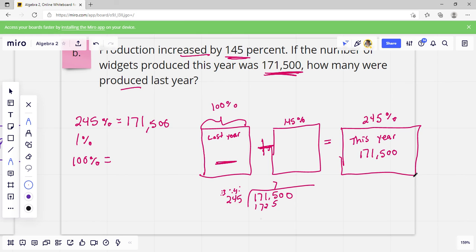Did I type that out right? Let me double check my problem. Hmm. 7 times 5, oh, is 35. I multiplied wrong. 7 times 5 is 35. 7 times 4 is 28, 29, 30, 31. There we go. Okay. So 1% equals 700.